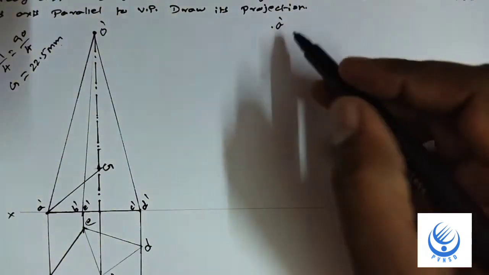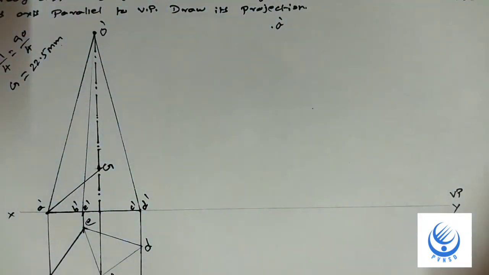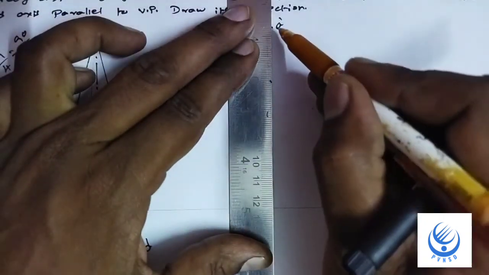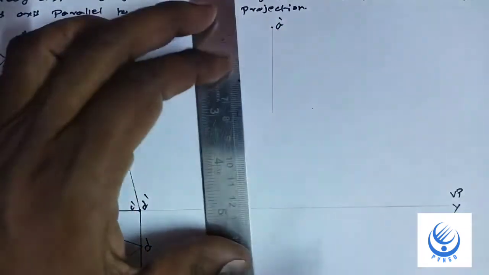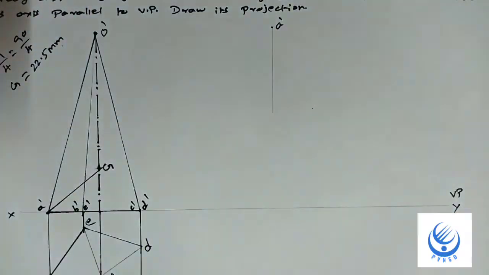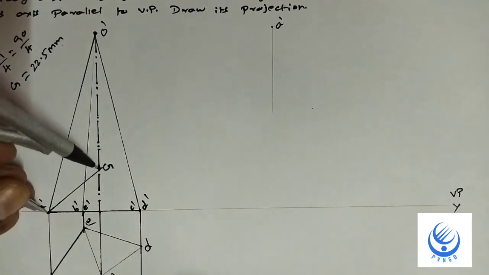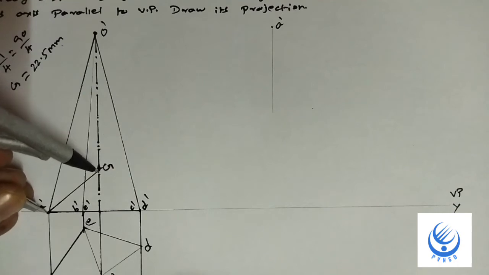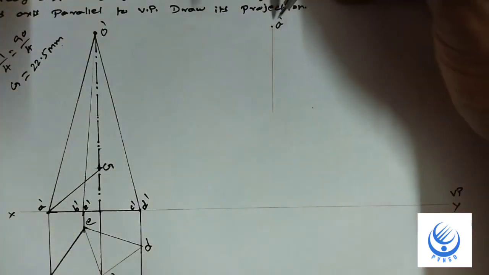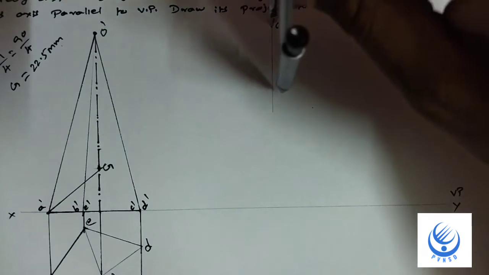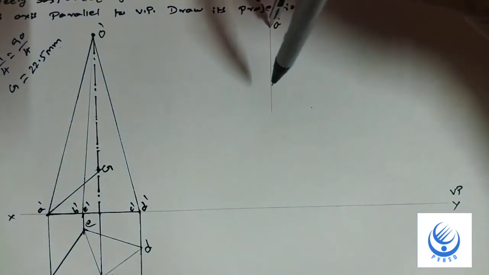Next, draw a vertical line of approximate length. Measure the distance A to G. Then cut an arc from A.